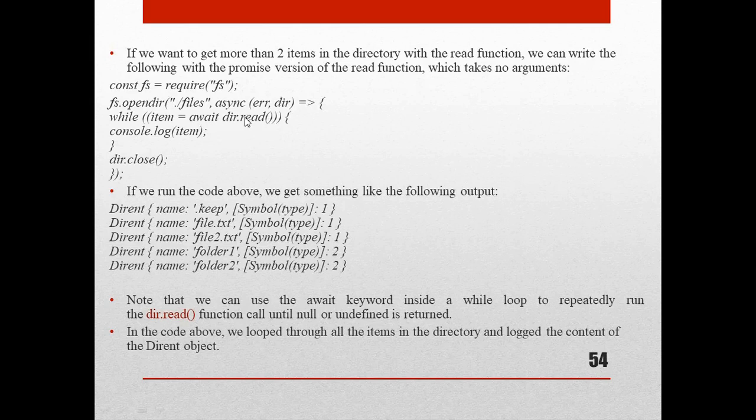That means at the end there is null, which means all files have been read by that file handler. So await will repeatedly run this function, and at last it will print all the items from that folder or directory, and at last close that directory to free the memory.